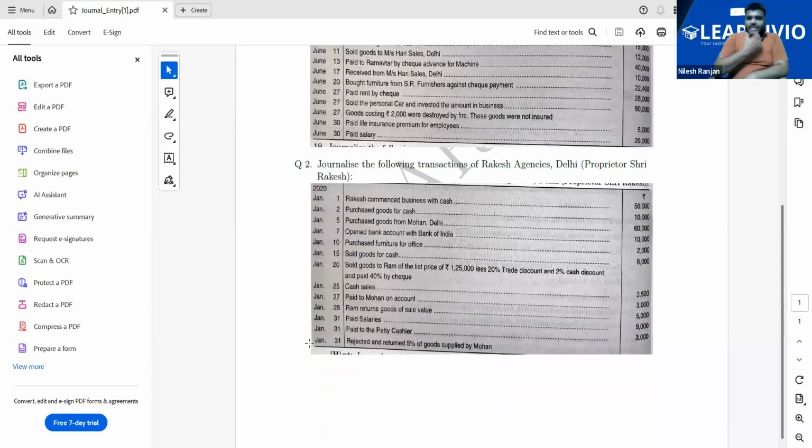Okay, question number 2. Can you solve the first 5 questions? First 5 transactions, not all of them. Okay, please solve. And if it is possible, then send me the pic in this chat.